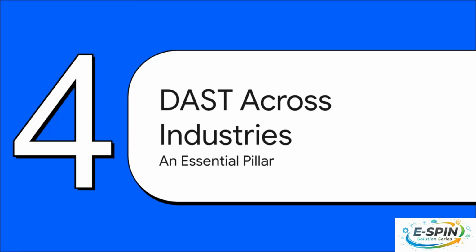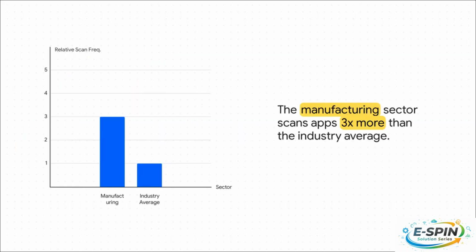Why has DAST become such an essential pillar for modern businesses in so many different fields? Now this might actually surprise you. The manufacturing sector, they're scanning their applications 3 times more often than the average industry. Why? Because as they digitize their supply chains and factories, they're creating these huge, high-value targets. They know that protecting that critical infrastructure is everything.